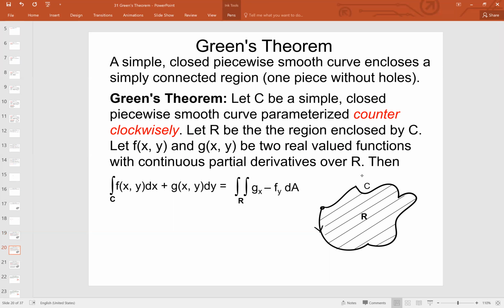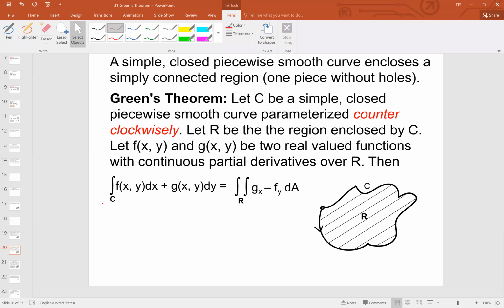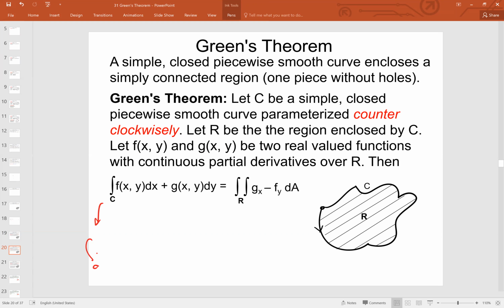Then this computation, the integral of f dx plus g dy, is the integral over C of the work, F dot dC, and it's converted into a double integral over the region inside.